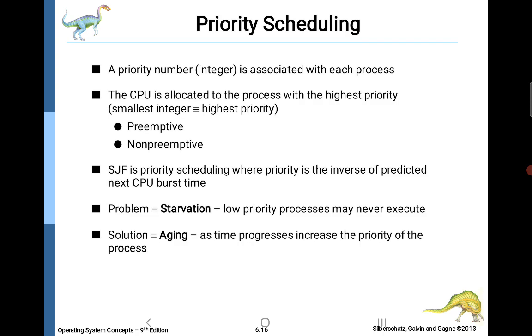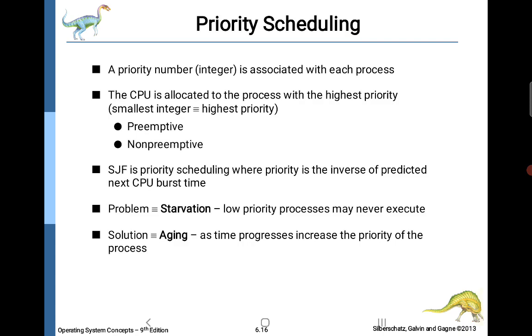For example, we can consider system processes more important than user processes. And we can consider that there are processes that are time sensitive. These are more important than processes that are not time sensitive. For example, a process that belongs to the dean's office is more important than a process that belongs to the student lab.